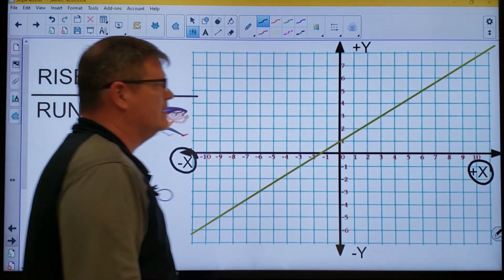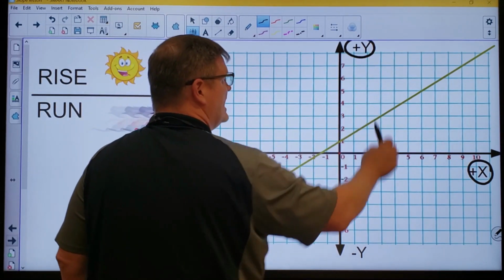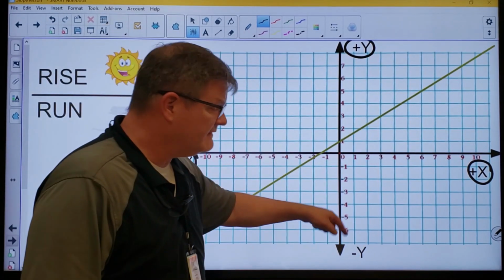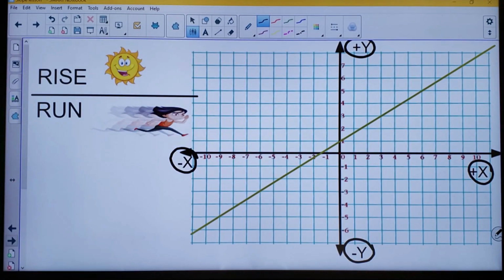On the y-axis, as we're increasing, these are positive y. As we're decreasing, these are negative y. One more thing to talk about before we jump into actually finding slope on this line is that in math, we always refer to the slope as the letter m. So most of the time, if you see the letter m in an equation, it's going to be referring to the slope of a line.